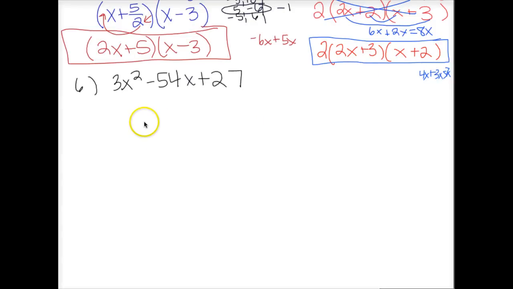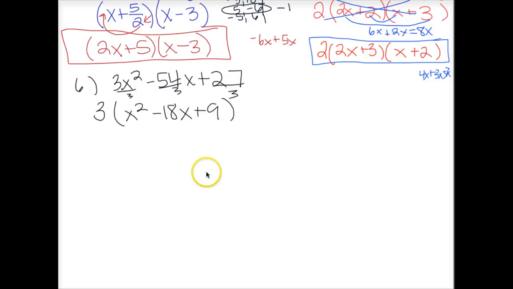But first step is always GCF. So I know that 3 and 27 are both divisible by 3, so check 54 to see if it's divisible by 3, which it is. It's 3 times 18. So 3 is my GCF, so I'm going to divide them all by 3. Gives me x squared minus 18x plus 9 left on the inside.